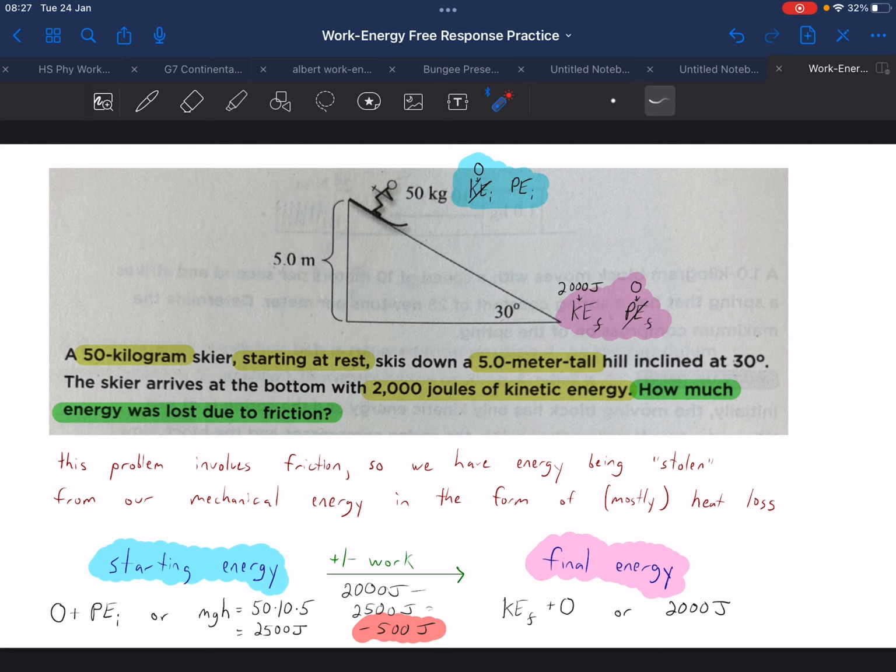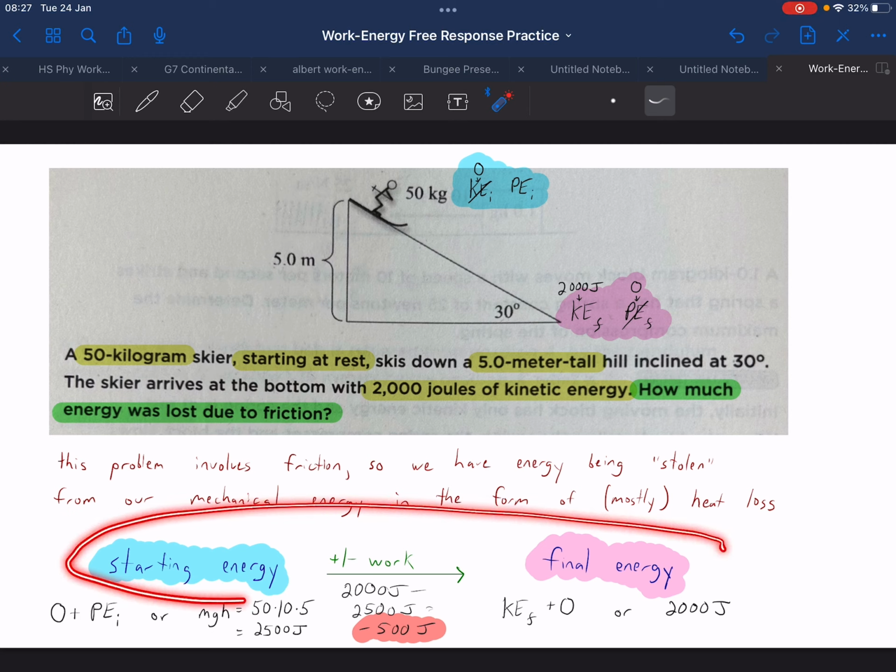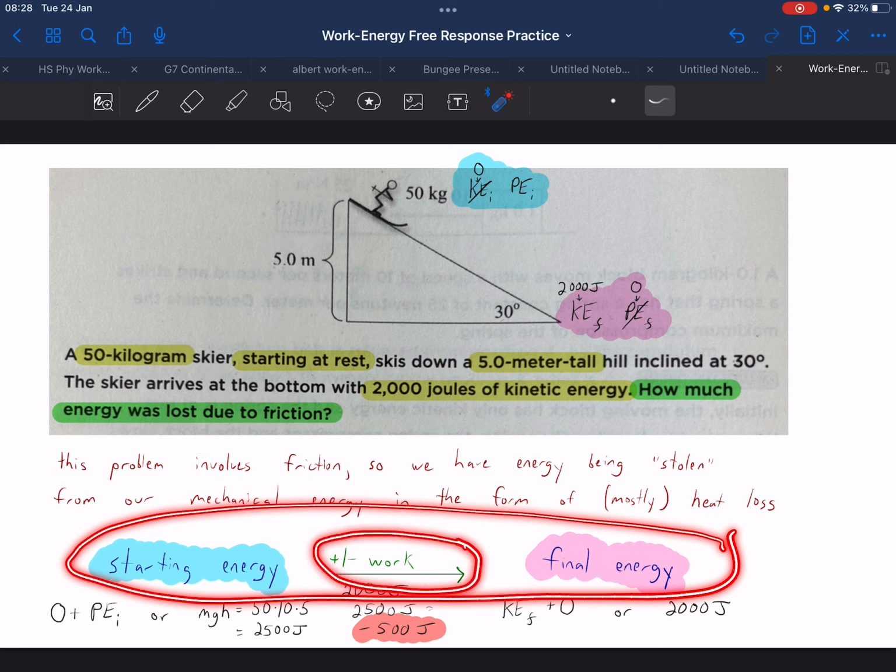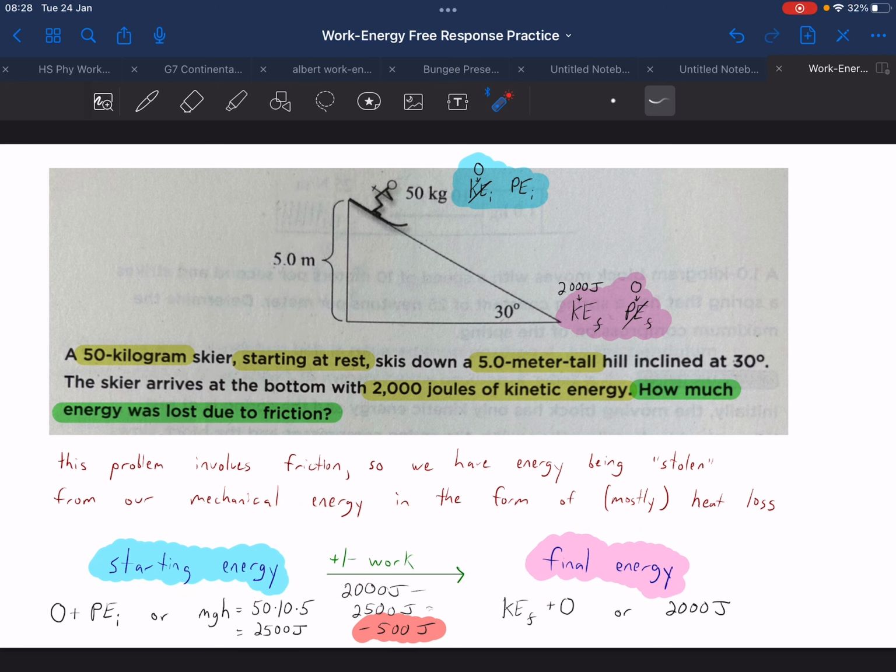So we have some of our mechanical energy being stolen, and that's in the form of mostly heat energy. So the correct model that we've been using would be this one, because we're going to have some positive or negative work that's changing that amount of total mechanical energy.